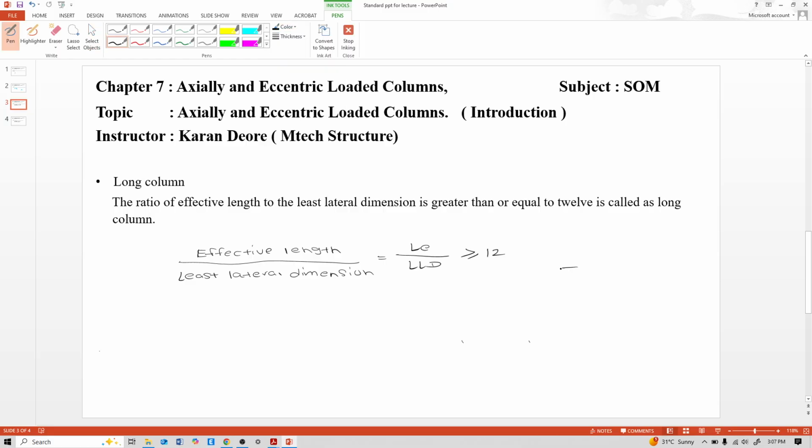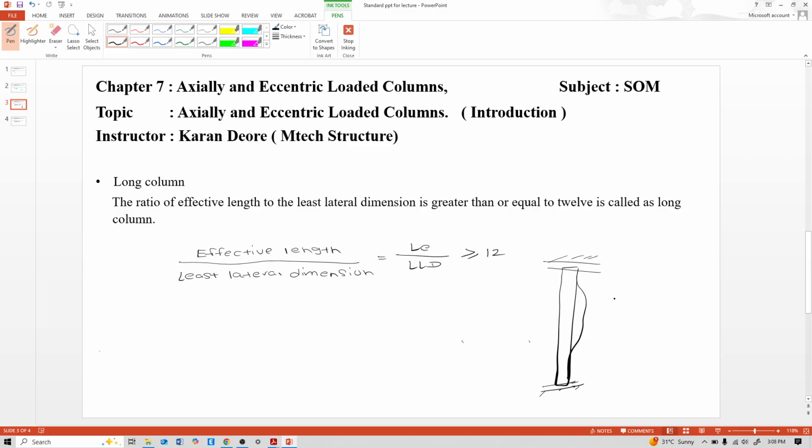Let us assume that this is one column. It is fixed at the bottom and fixed at the top, and due to fixity it buckles like this.